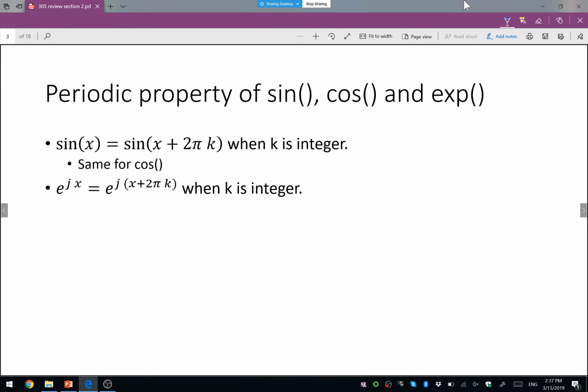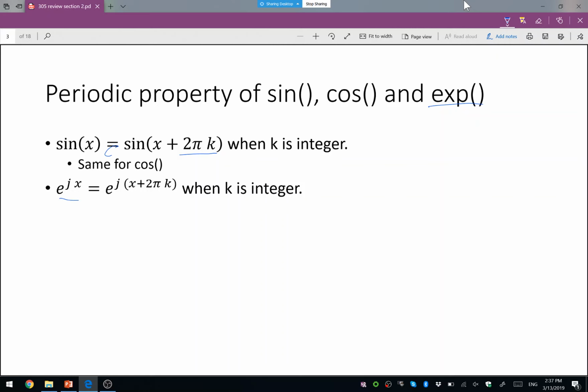Another thing is the periodic property. Sine and cosine, we already know that. But the exponential function also has a periodic property. For sine and cosine, we know that if you add 2 pi k, where k is an integer, the value is the same.